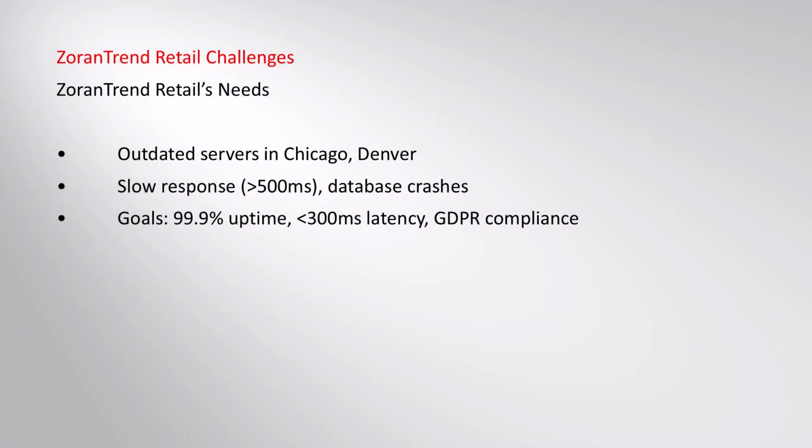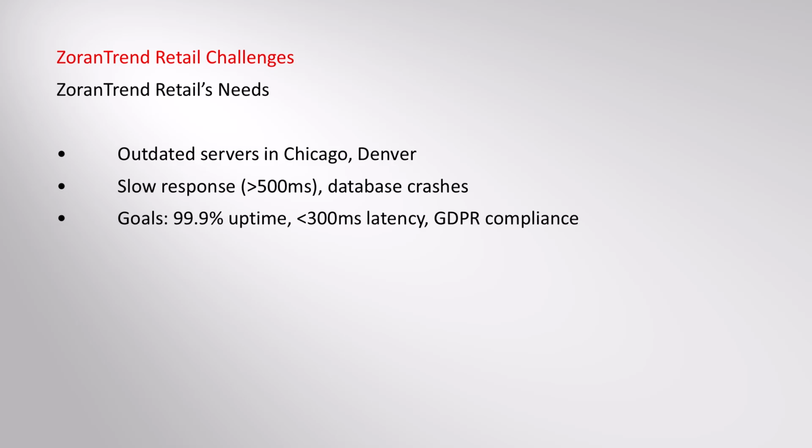As a cloud solutions architect, you'll apply insights from step 1, understanding business objectives and requirements, to this online clothing retailer. Zoran Trend Retail, with substantial annual revenue, employs approximately 150 staff and serves a broad customer base, including European clients, simulating a practical business scenario.